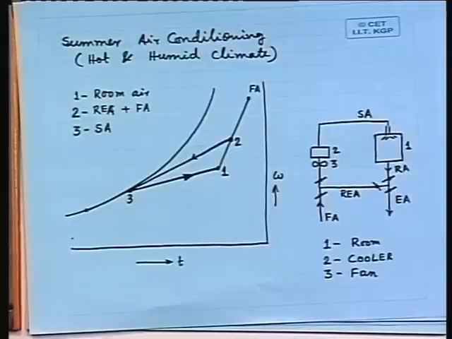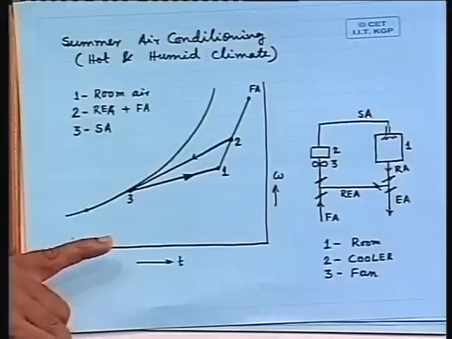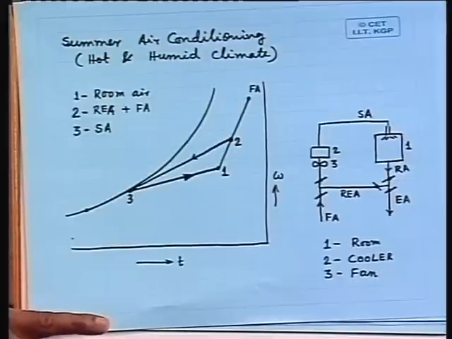What we can see, 2 to 3, is a cooling and dehumidifying process which is taking place in the cooling coil. The recirculated air plus the fresh air, that mixture, goes through the cooling coil and experiences a cooling and dehumidifying process.